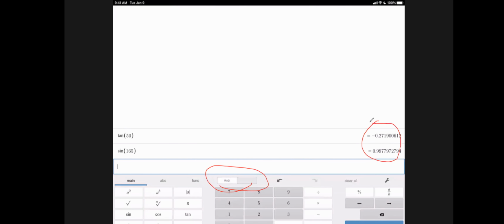If I go to radians, it calculates using 50 radians for tangent instead of 50 degrees, and so the values change. So make sure you know how to use the calculator you're using and have it on the correct mode, so you know that you're on the right track and you don't get frustrated when you do your homework.